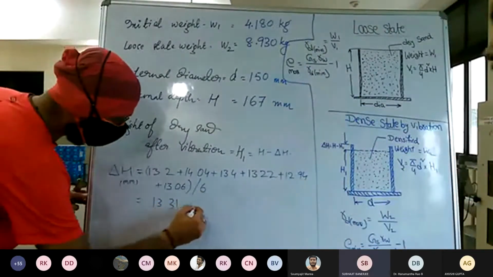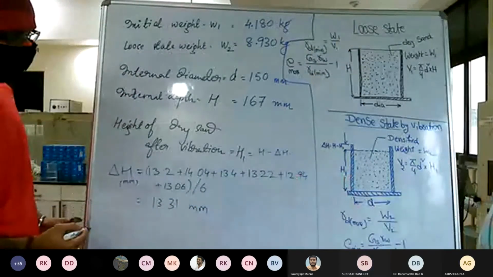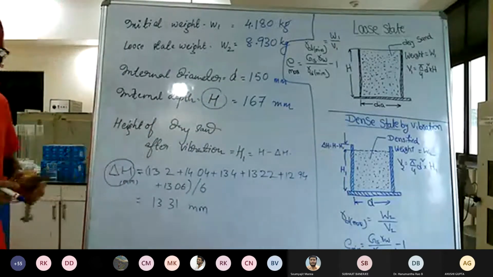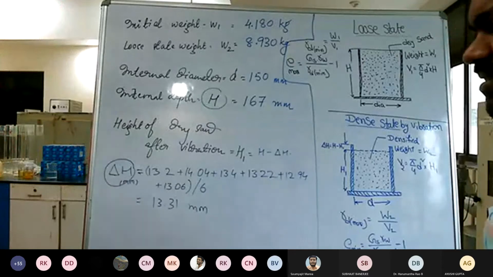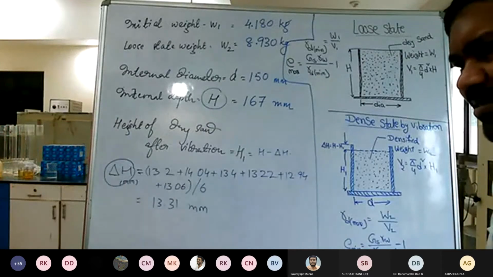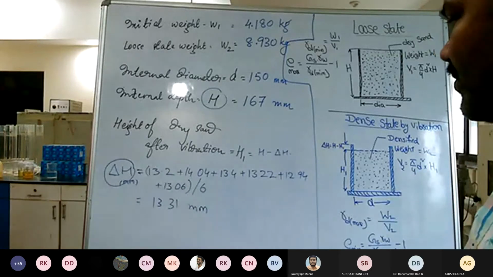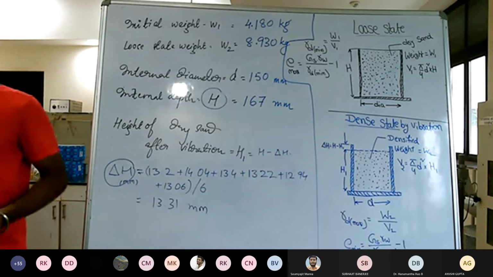It is up to you how many decimal places. We can approximately consider 13.31 millimeter.